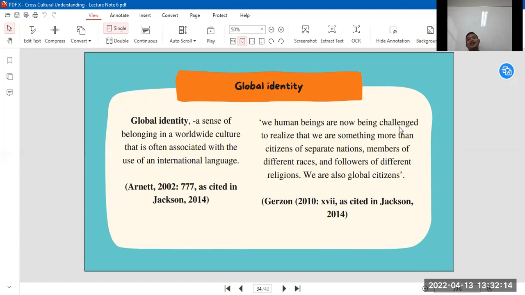Global identity is a sense of belonging in a worldwide culture that is often associated with the use of an international language, let's say English. We human beings are now being challenged to realize that we are something more than citizens of separate nations, members of different races, and followers of different religions. We are also global citizens, by Gerson 2000.